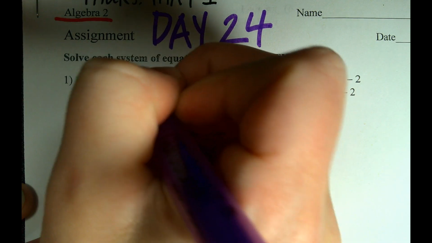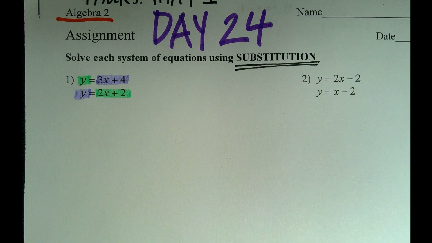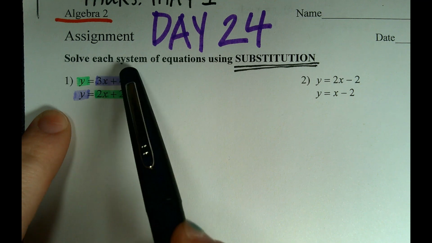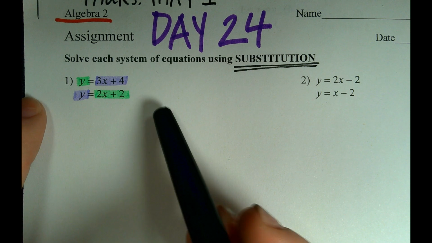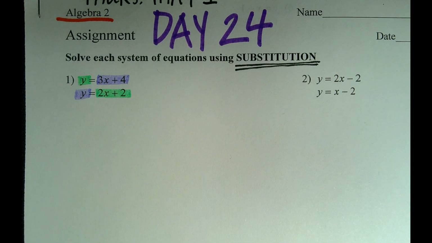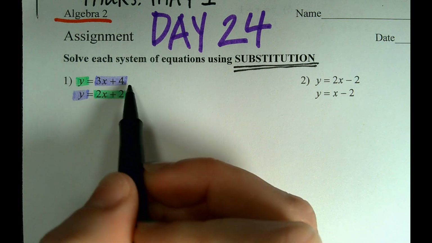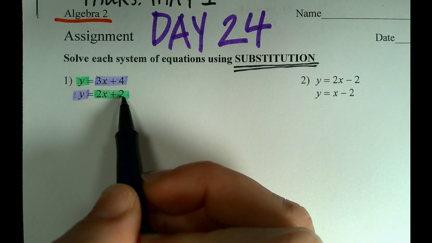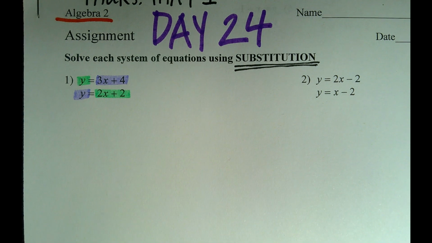So I'm going to highlight the different values we could do. y is equal to y. Both of these second halves of the equation, 3x plus 4 and 2x plus 2, are equal to y as well. So what I can do here is set this 3x plus 4 equal to 2x plus 2 because they are both equal to y, so they're equal to each other.